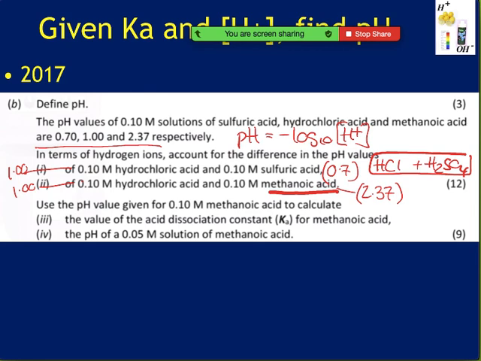Methane. Say it again, Karen. I said methane. No. So what family does methanoic acid come from? Carboxylic acid. Carboxylic acid. Thank you, Keith. We've done ethanoic acid. Is ethanoic acid a weak acid or a strong acid?